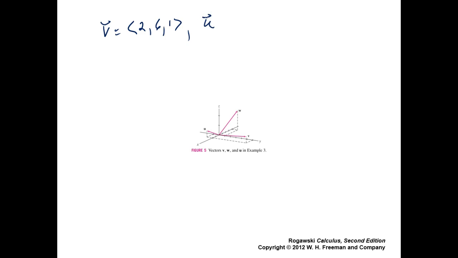I'm used to naming unit vectors u, so I tend to put a hat on them every time, but I'll try not to. Okay, (2, -1, 1). Can you look at that and tell me whether it's a unit vector or not? It's not, okay. Okay, (-4, 1, 2). Now, the question is, determine whether v is orthogonal to u or w or both or neither. How would you do that?